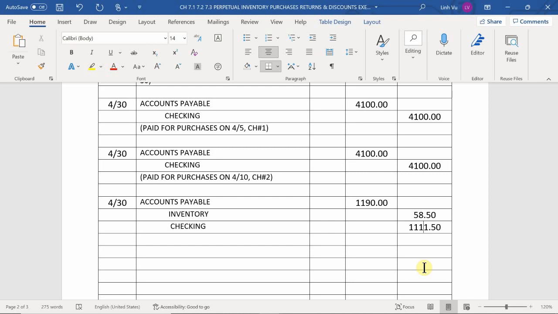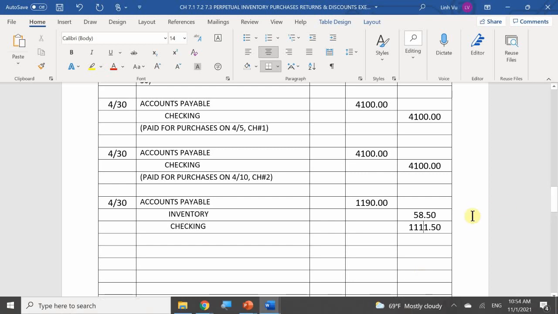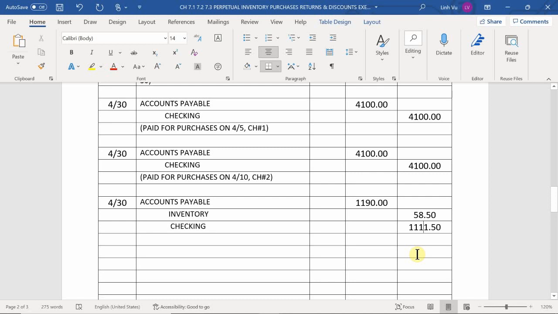Well, I think I got the discount wrong. I think it's 59.50. My bad. No, let's try 58.50. It doesn't equal out. Right, we're missing something. What are we missing?